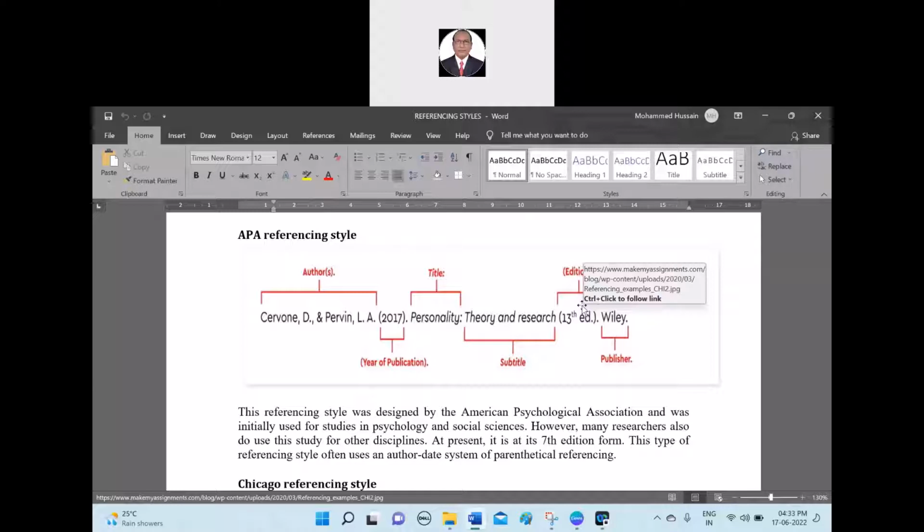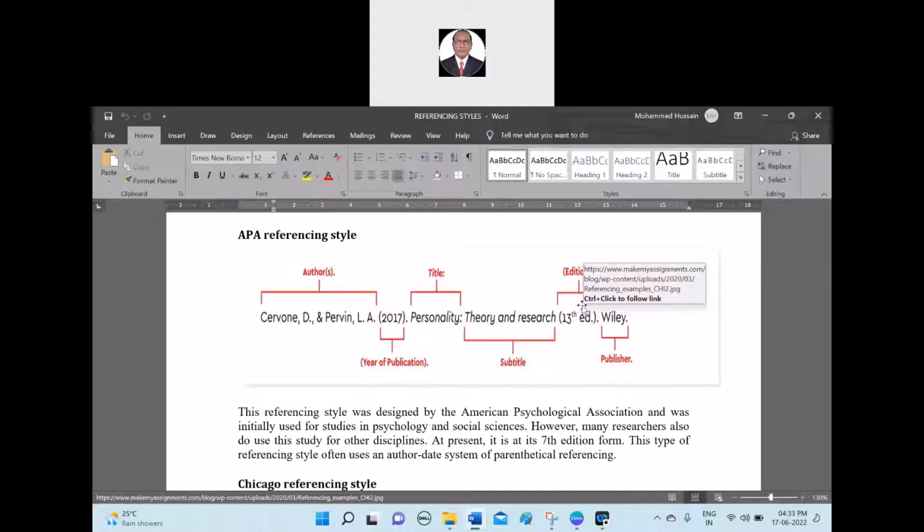There are two ways of writing it: either you write the symbol or you write 'and'. The APA style uses the symbol ampersand, which is the Latin terminology for the symbol, and its equivalent is 'and'.